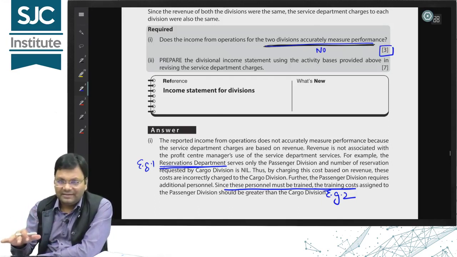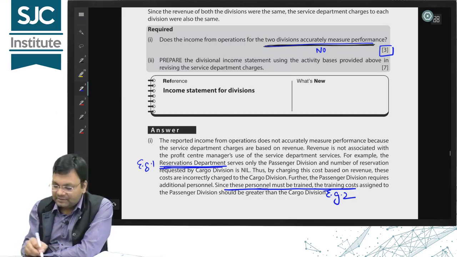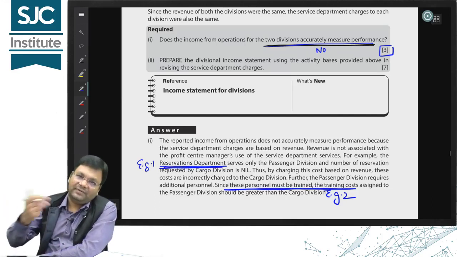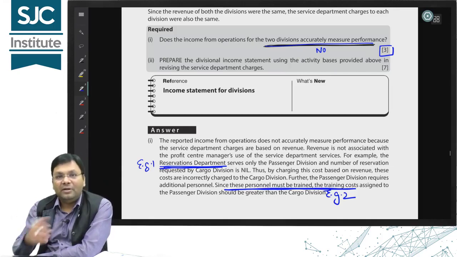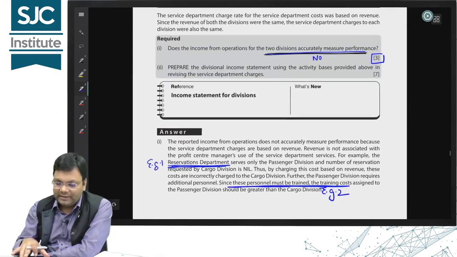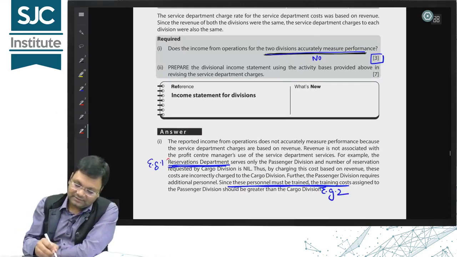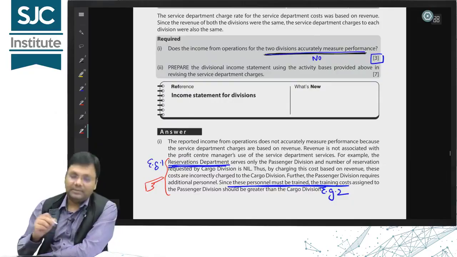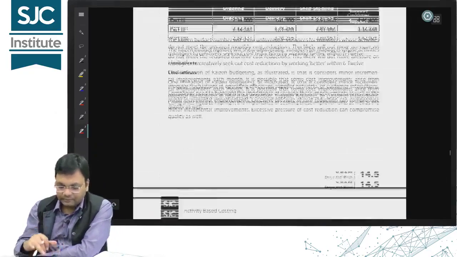And to write the comment for 3 marks, you have to cite some example. In the exam you may cite just 1 example, it's not necessary to cite all the examples, but at least 1 example should be there. So this is a new way of writing which you should focus on. You should read it once. Okay, and this is a very easy question.